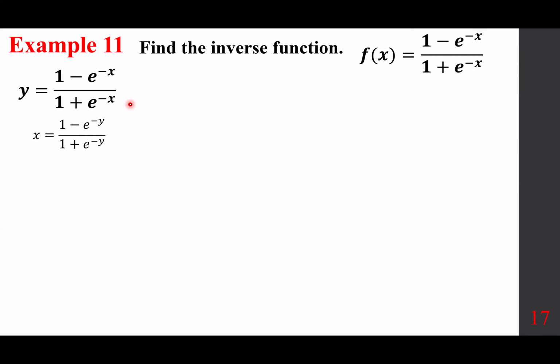So to do that, we multiply these two, so we get 1 minus e to the power of negative y. We multiply these two, we get x times 1 plus e to the power of minus y. This one we distribute, we get x plus x e to the power of minus y.